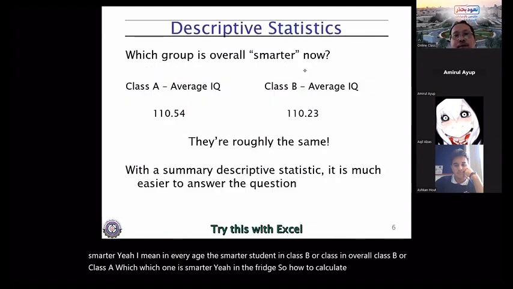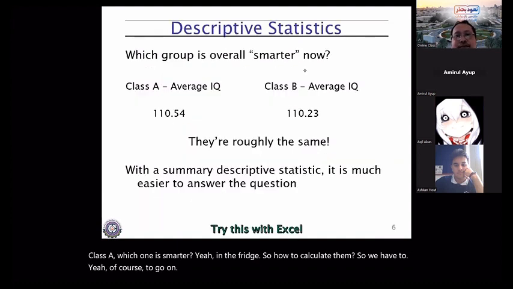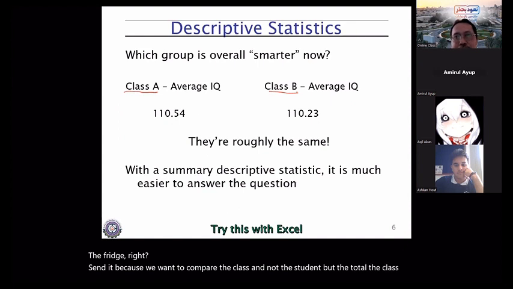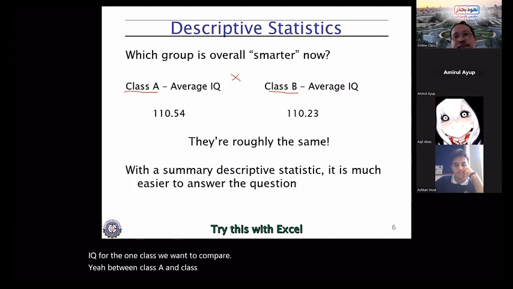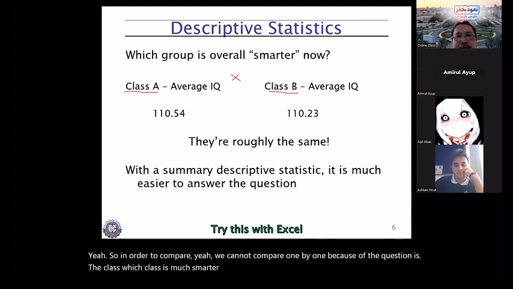We have to, of course, count the average, right? Because we want to compare the class, not the individual student, but the IQ of one class, between class A and class B. We cannot compare one by one because the question is which class is smarter.